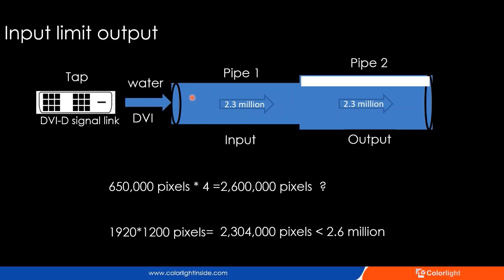The maximum resolution of the single link DVI-D is 1920 by 1200 pixels. Water pipe 2 is the output of the X4 sender, and the total pixels of the 4 outputs is 2.6 million pixels. Because the input resolution limits the output resolution, the loading capacity of the X4 and X6F is 2.3 million pixels.